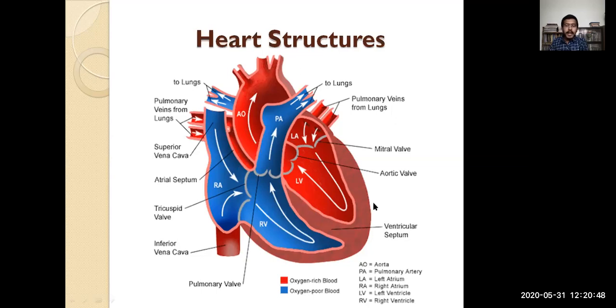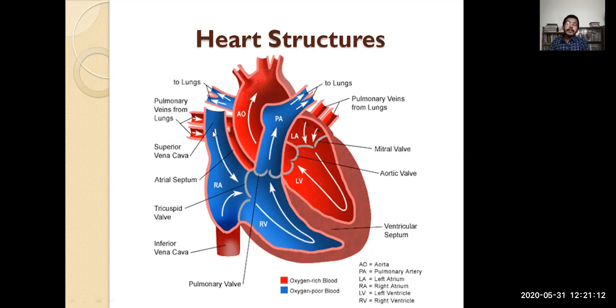These two atria and these two ventricles are separated from each other by the atrioventricular septum. And many times the valves are present in between these atrium and ventricles to prevent the bidirectional flow of the blood, which we will clarify later as well.